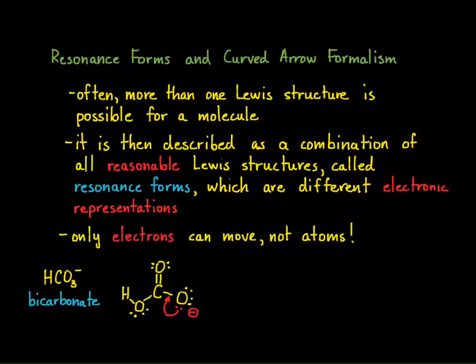When it does that, I have to remember I can't violate any rules, especially the octet rule. If I'm adding a pair of electrons, that means carbon is going to have a new bond to it, which means it has 5 bonds or 10 electrons around it, and that can't happen. So what needs to happen?